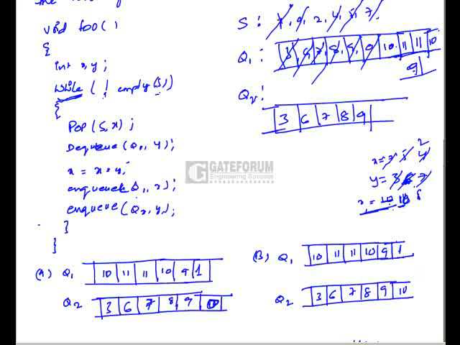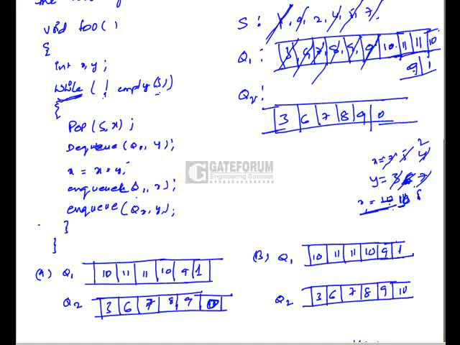These two are added and the result is stored in Q1. So here 1 is stored in Q1, and the value of y, which is 0, is stored in Q2.